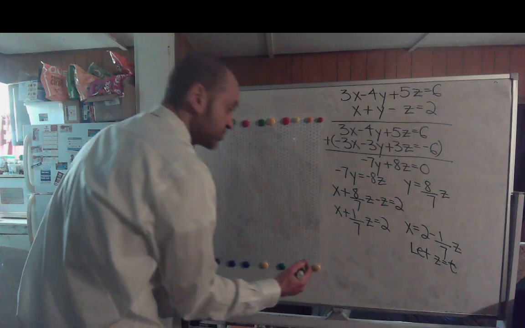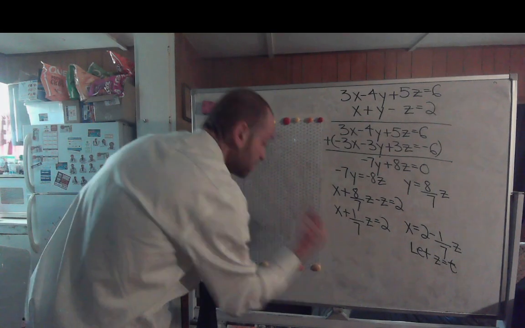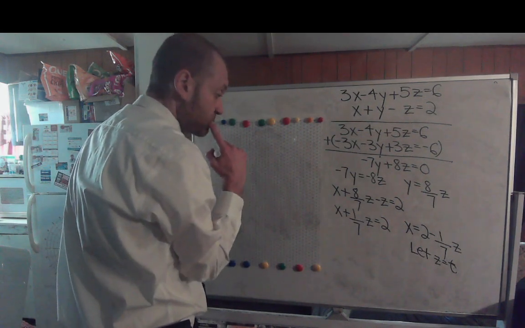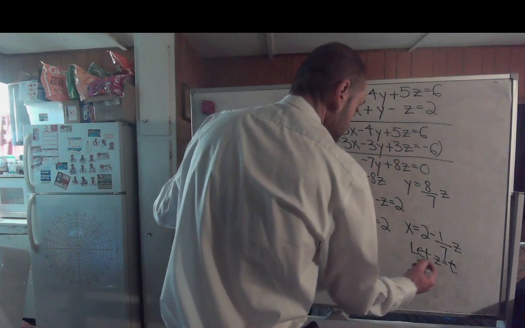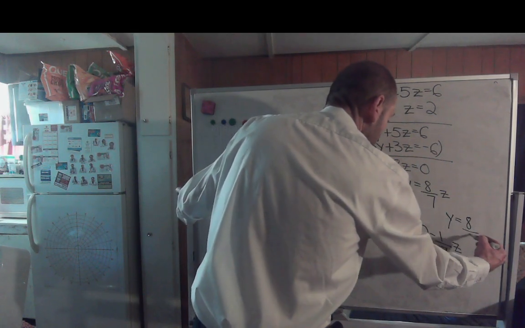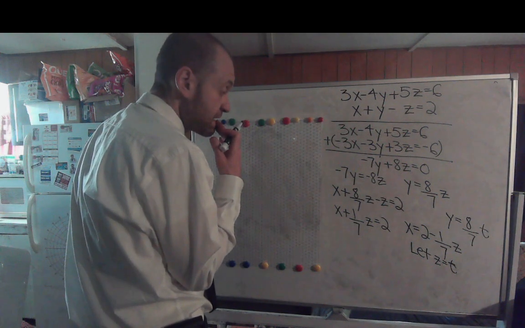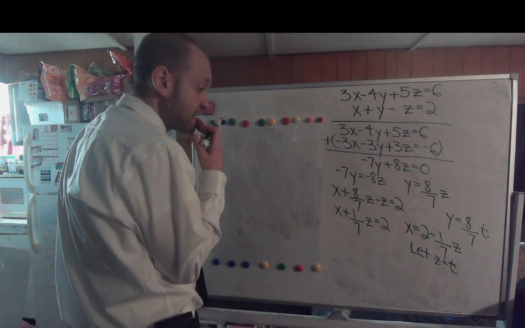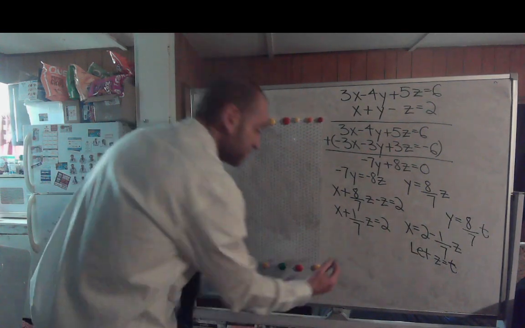So your parametric equations end up being, we got z equals t. This would have to mean then that y equals 8/7 t. But what about x? So x would equal 2 minus 1/7 t.